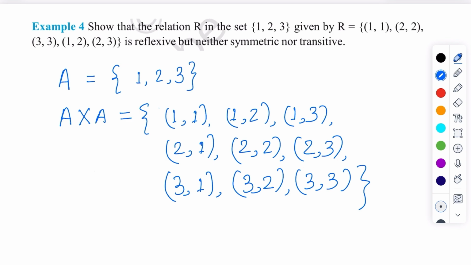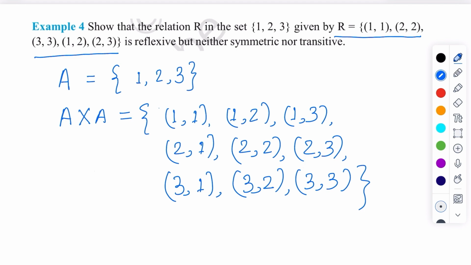Now what is the relation? A relation will contain some elements of the A cross A. It may contain all the elements, or may contain some elements, or may not contain any element at all if it's null. Okay, so you can see that in the relation R: (1,1), (2,2), (3,3), (1,2), and (2,3).